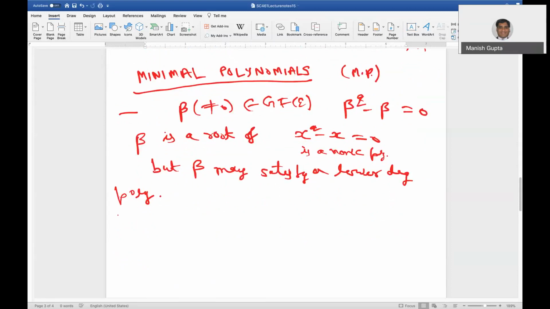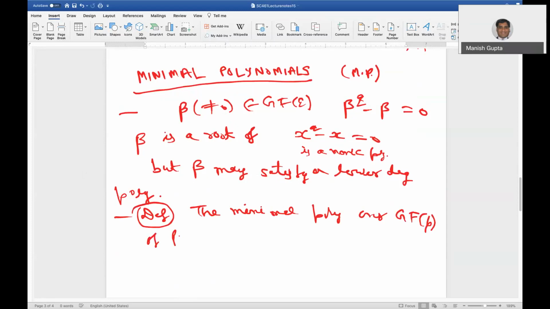So we can define the minimal polynomial over GF(p) of beta as the lowest degree polynomial m(x) such that m(beta) is equal to 0.